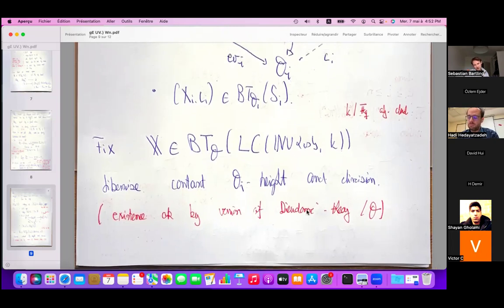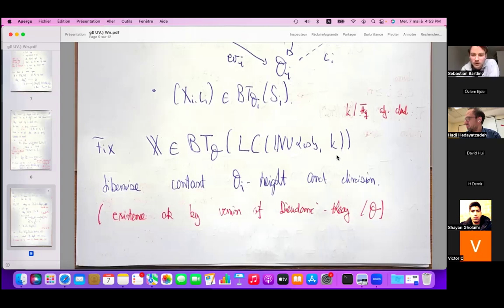The Dieudonné module is really just a matrix with entries in these Witt vectors, and this you can write down. So this way you can at least show that these things exist for these profinite families of perfect fields.